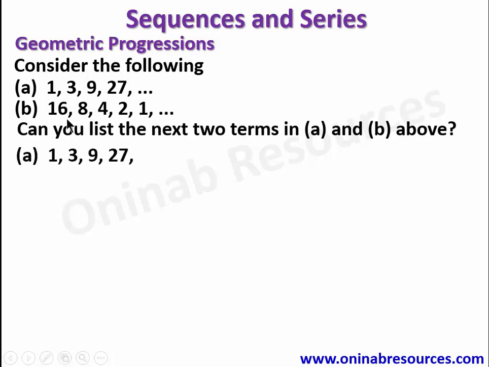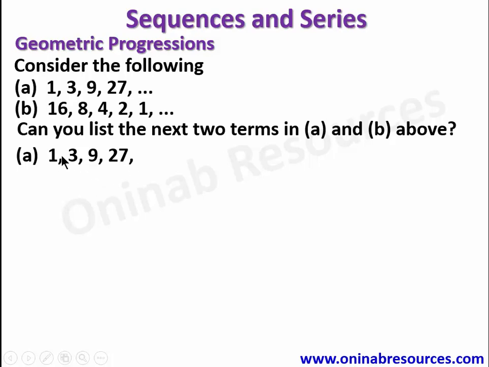Starting from A, we have to study the sequence that we have. 1 and the next term is 3, the third term is 9, 27. So if you look at it, you discover that 1 times 3 gives 3, 3 times 3 gives 9, 9 times 3 gives 27.